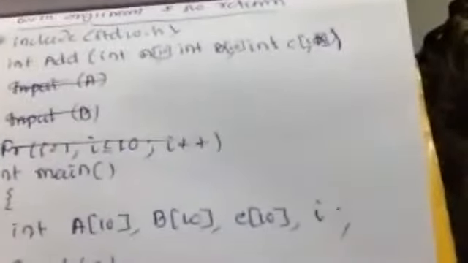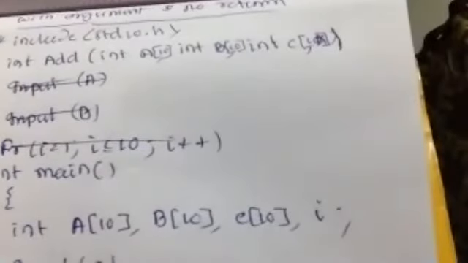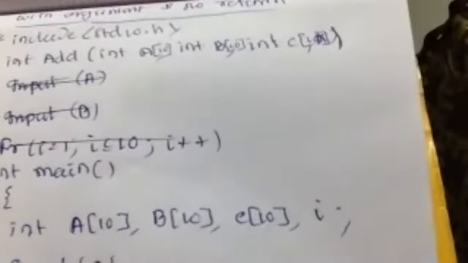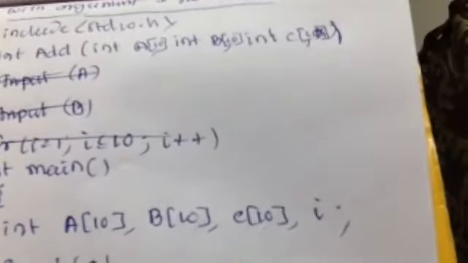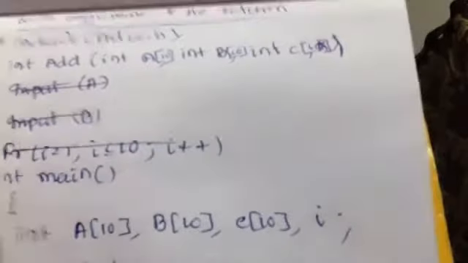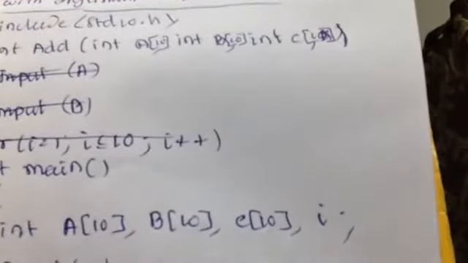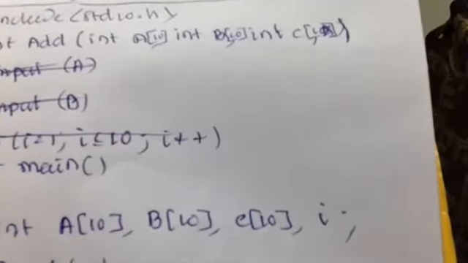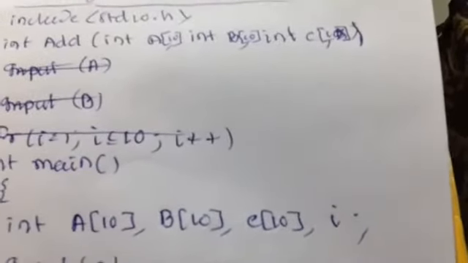One single dimension array with how many elements? 10 elements. 10 elements means more than one, isn't it? So more than one means you cannot use return, like return add, return sub, return fact. That is not possible. In that case, only one value is returned.